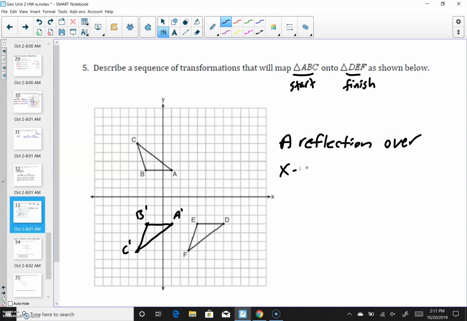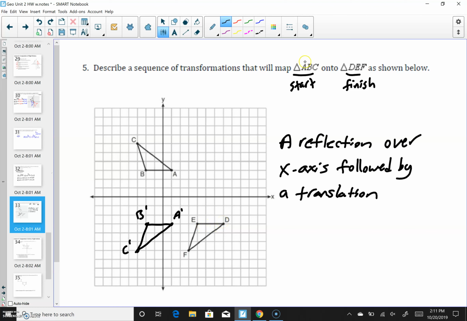So, a reflection over the x-axis followed by a translation. And it seems here that we have to go 1, 2, 3, 4, 5, 6.